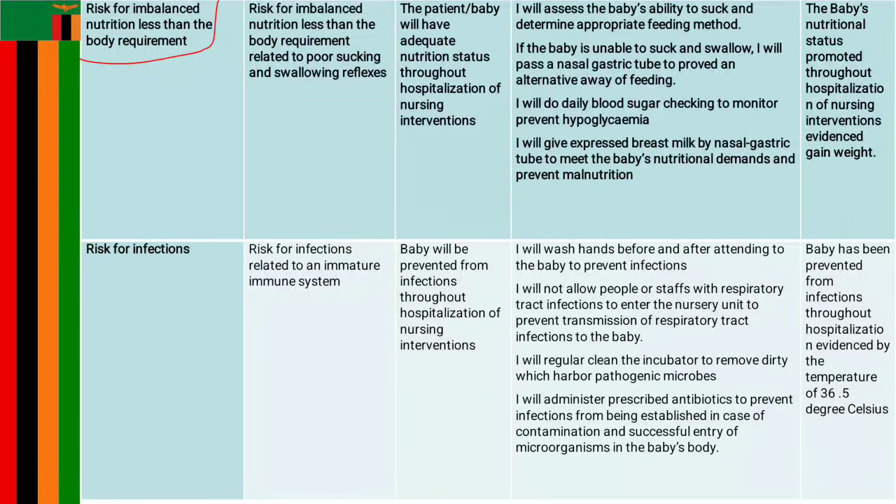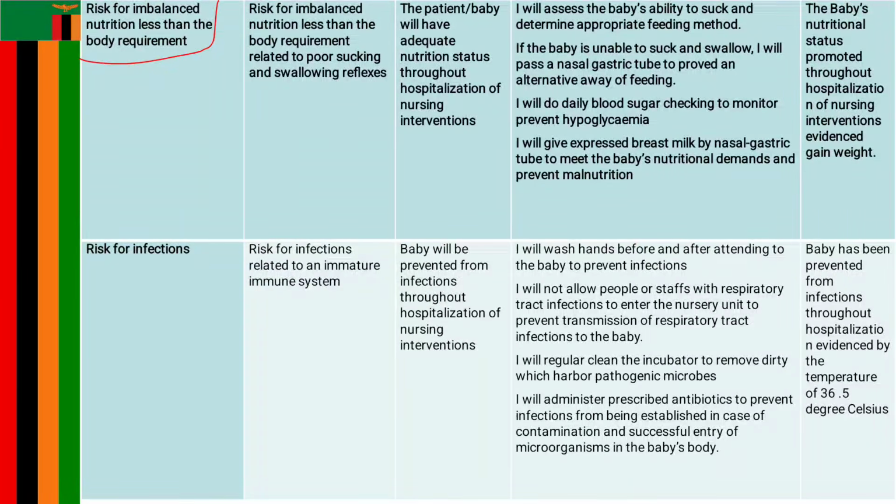Interventions, you can say I'll assess the baby's ability to suck and determine appropriate feeding method. The other intervention: if the baby is unable to suck and swallow, I will pass a nasogastric tube to provide an alternative way of feeding. I will do daily blood sugar tests or checking to monitor and prevent hypoglycemia.